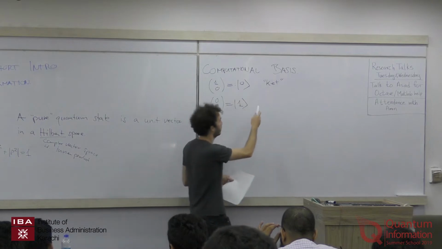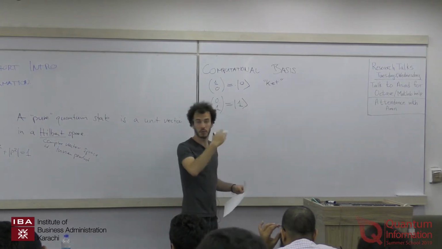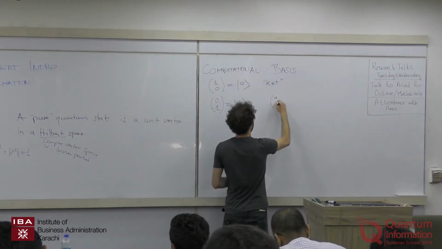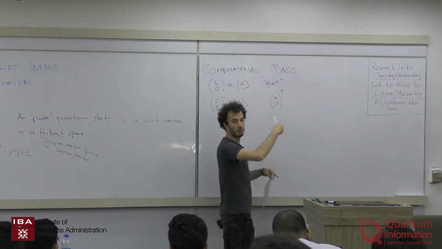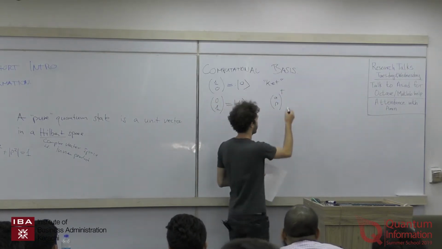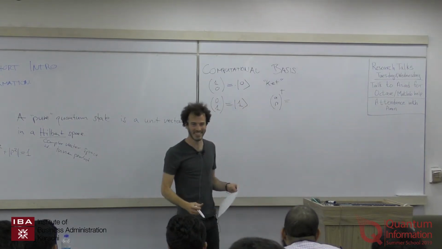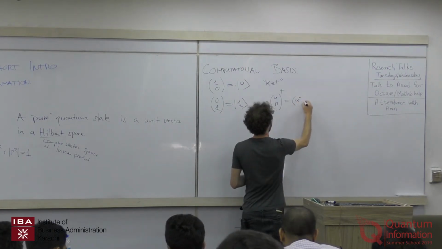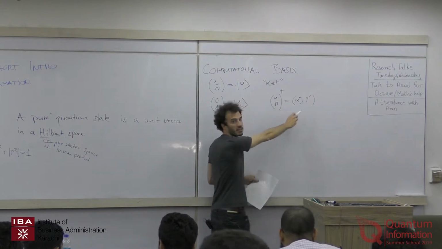Why are they called ket? Because if you take the transpose conjugate of a vector, so let's say I have alpha, beta, and by this dagger symbol I mean transpose and conjugate, I get the conjugate of alpha and the conjugate of beta, but the vector is now like this.